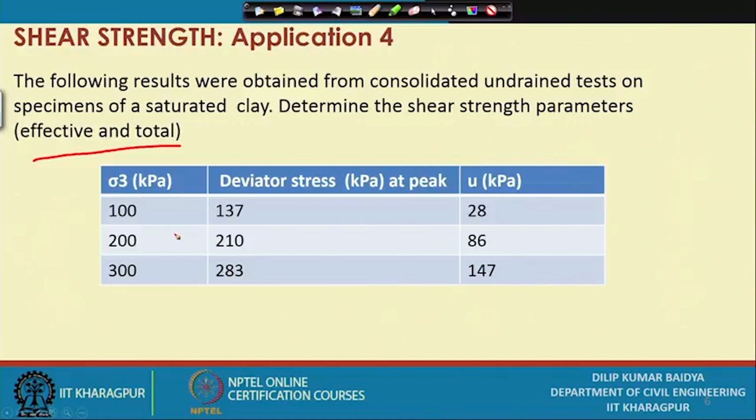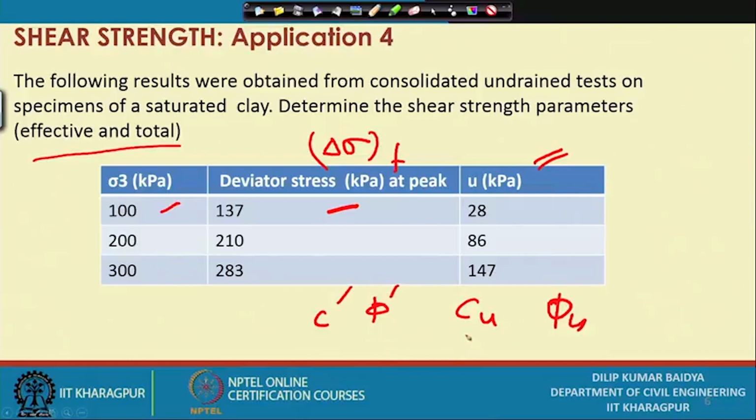I have already explained this in the last few lectures. Sigma 3 is given, the deviator stress delta sigma at failure is given, and u is given. Based on that I have to find the shear strength parameters, C dash, phi dash and C u, phi u.